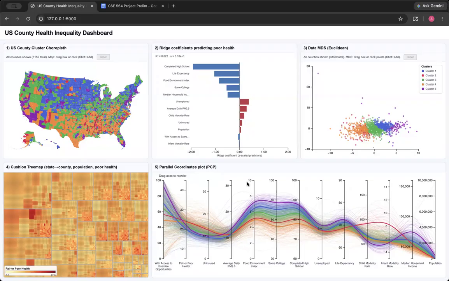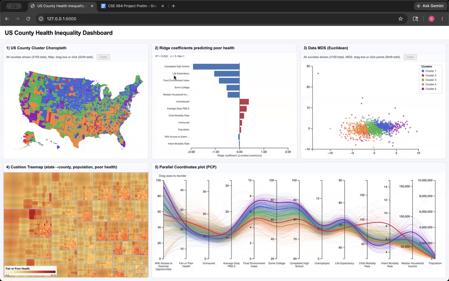So in conclusion, this dashboard provides a visual analytics approach to understanding county level health inequality in the United States. From this dashboard, we found that the poor health outcomes mostly have geographical patterns, where the north counties have better health reporting values than the south counties.